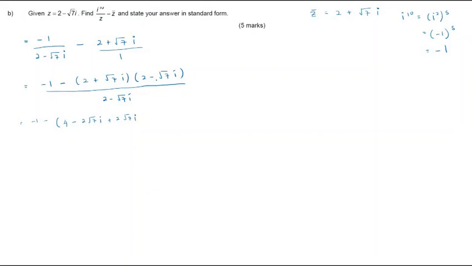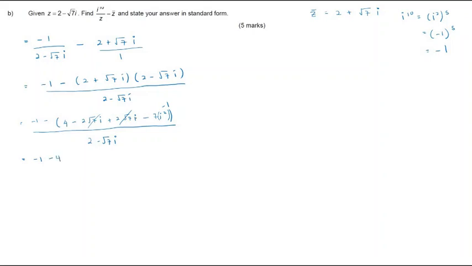Positive square root 7i multiplied by negative square root 7i: negative square root 7 multiplied by square root 7 is negative 7i squared. Simplify. Negative 2 square root 7i plus 2 square root 7i cancel each other. Then we can replace i squared with negative 1.